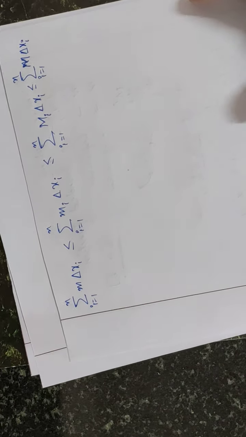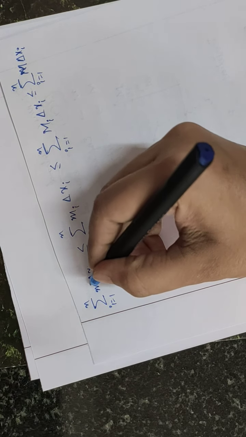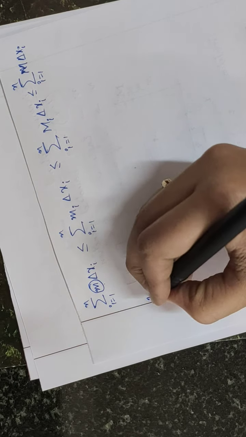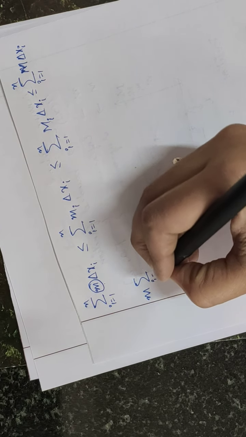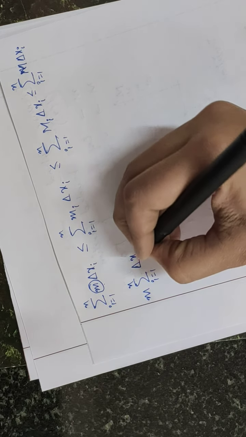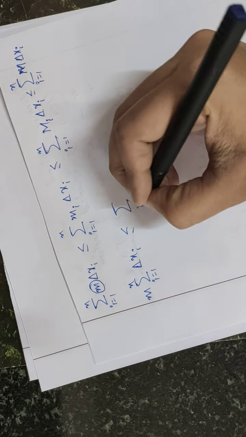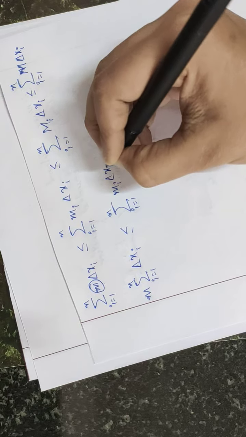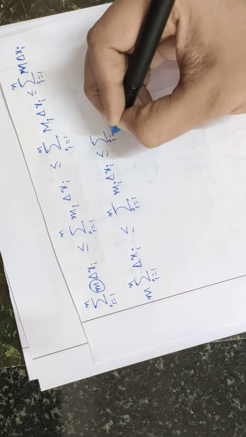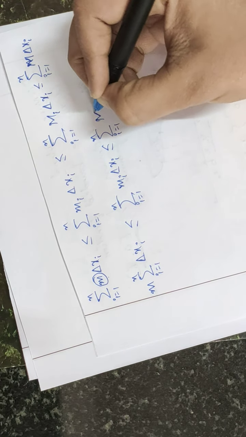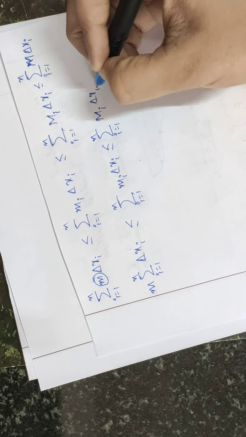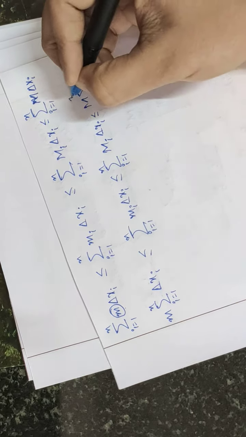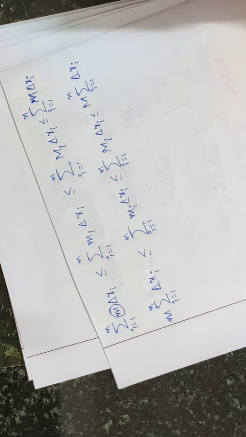Since there is no i index for m, I can write this as m into summation i is equal to 1 to n delta xi. Similarly, these two can be retained as they are. In the last one, you can take capital M outside the summation, so it will be capital M into summation i is equal to 1 to n delta xi.